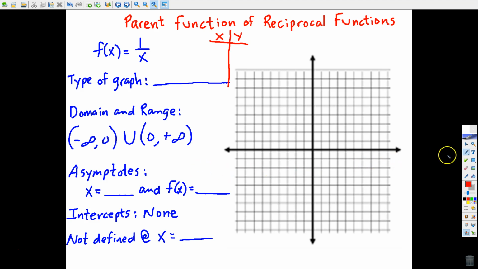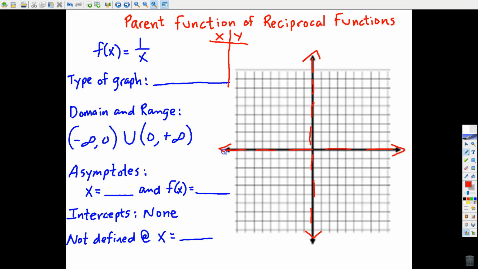So for that reason, we have two asymptotes. I want you to draw this dotted line to represent a vertical asymptote, because since the function can never equal 0, that's like saying y can't be 0. You can kind of think of the y-axis and the x-axis as off limits.